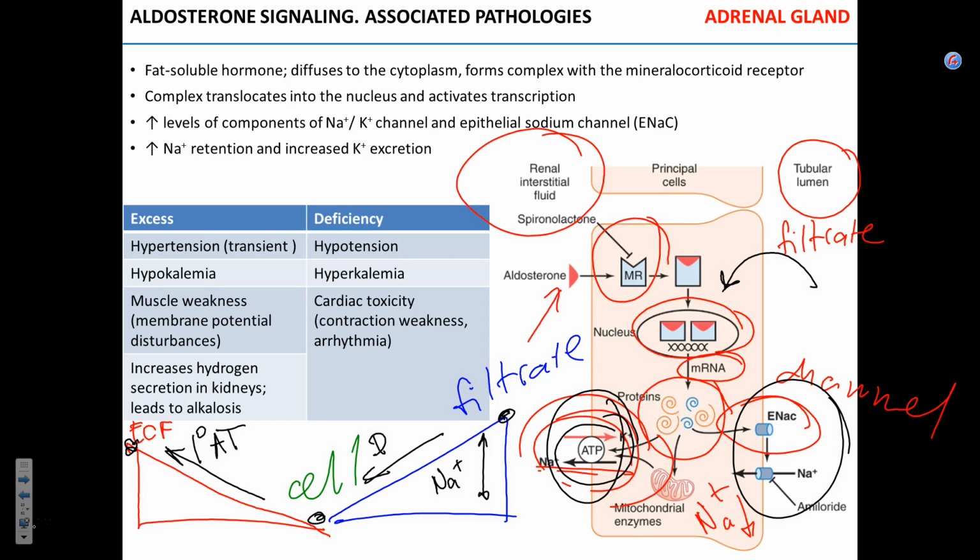The price that you have to pay is that you throw out potassium, which is not such a big deal, because of the potassium concentration in your extracellular fluid compared to the cell. Which one is higher? Potassium in the cell, or potassium out of the cell?